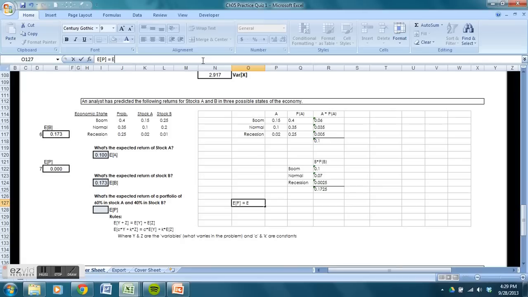That's equal to the expected return of 60% of the return of A, plus 40% of the return of B. That is this, highlighted up here, is the portfolio.